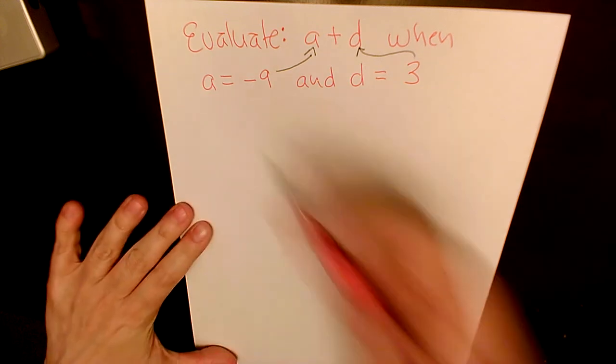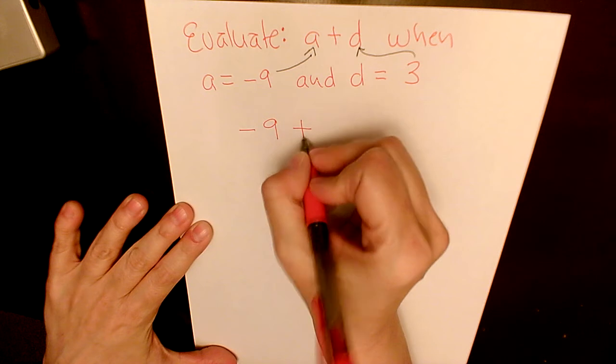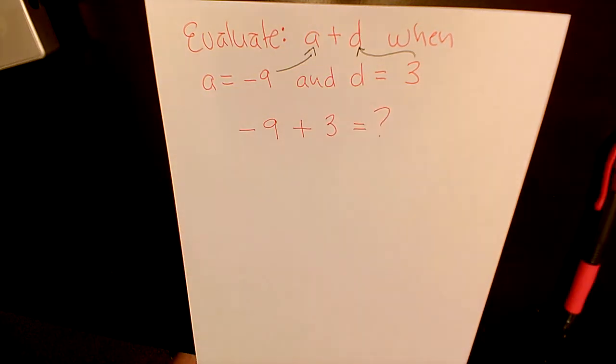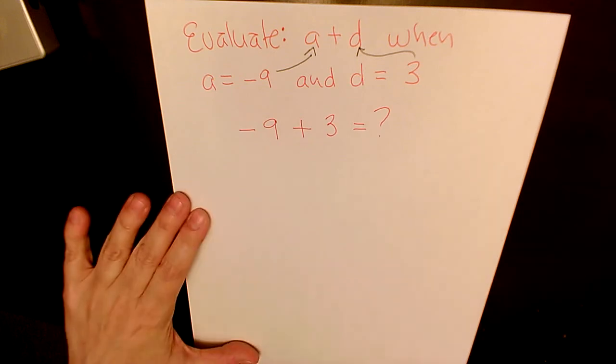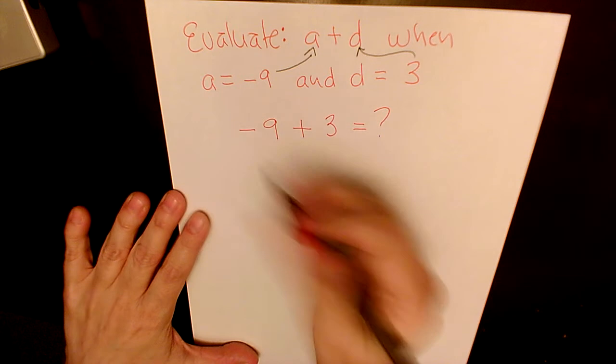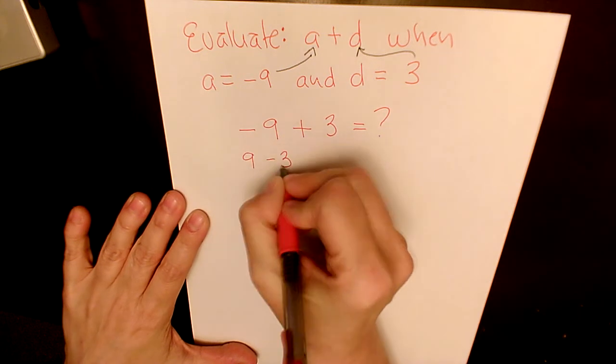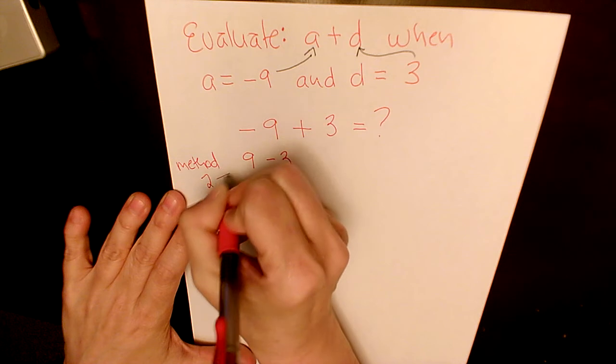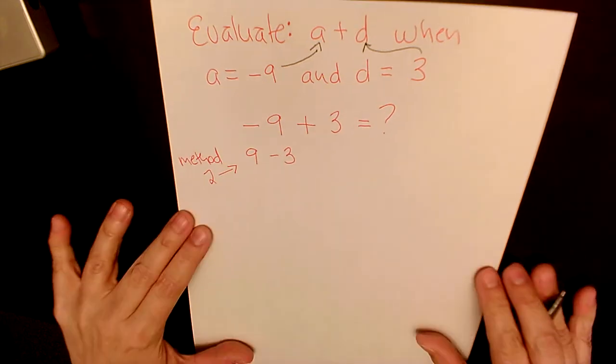So I'm going to rewrite this as negative 9 plus 3. Okay, so I've got a negative number and a positive number. Look back at your notes, and this was rule 2, and you can always draw this out if you want, or the other way could be to subtract, right? So we're going to take 9 minus 3. This was method 2 I went over last video.